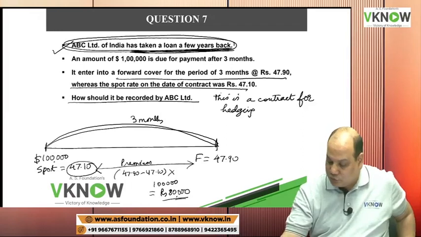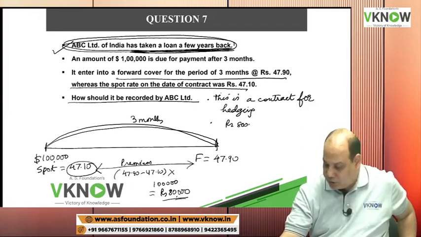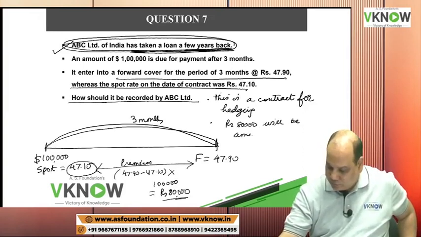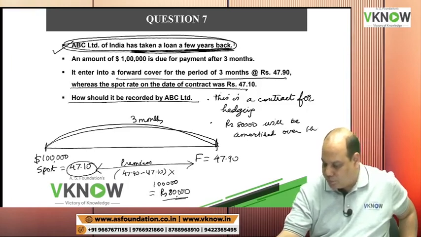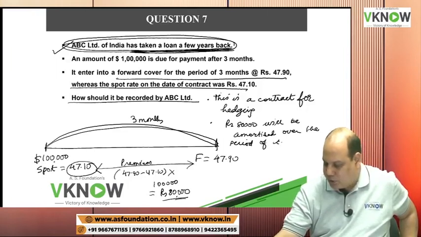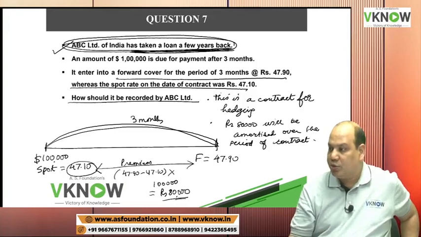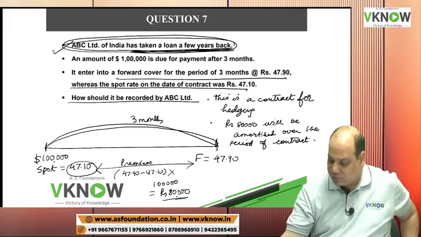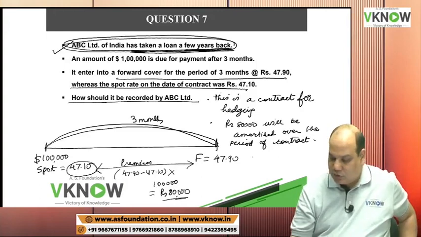So what you will have to do, you just have to write a note, rupees 80,000 will be amortized over the period of the contract. Answer is printed in your book. Right, so this is the answer of this question.